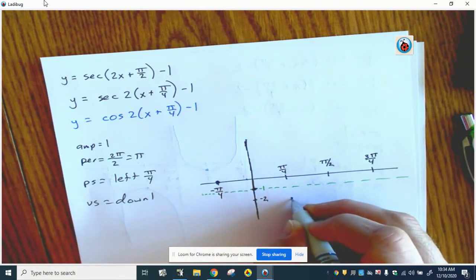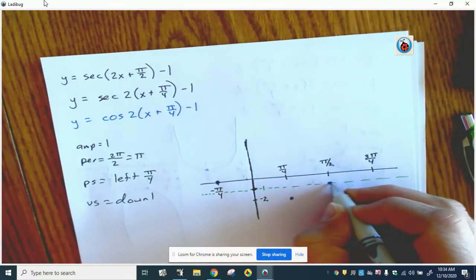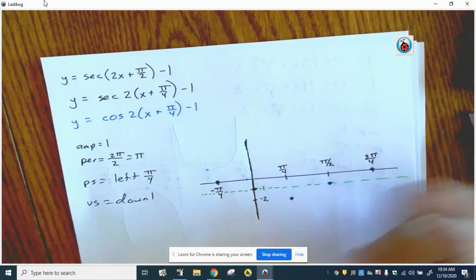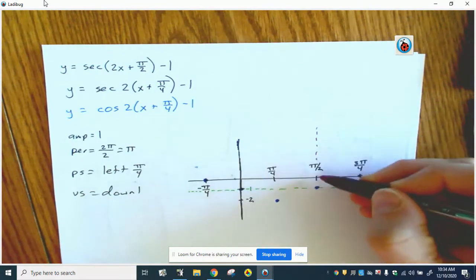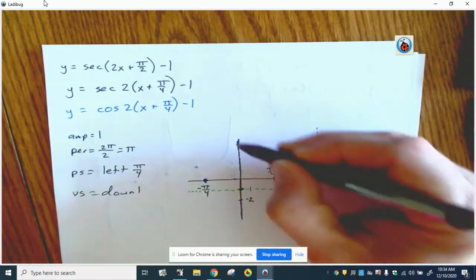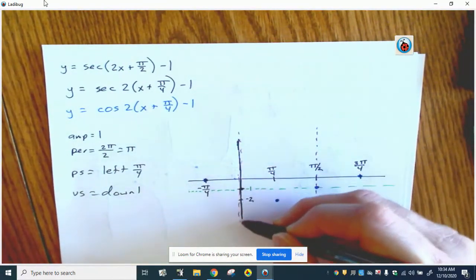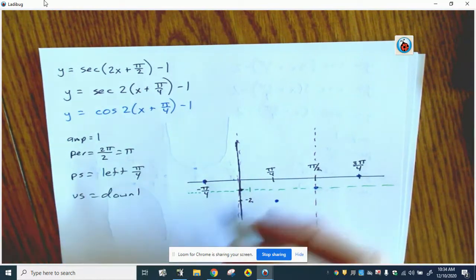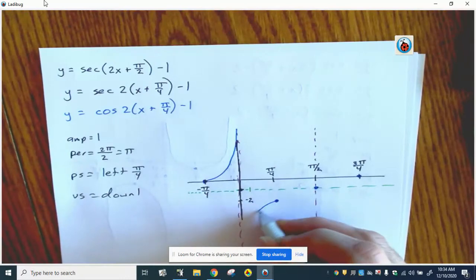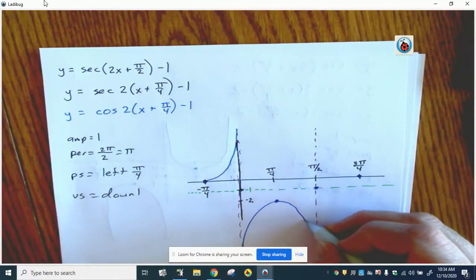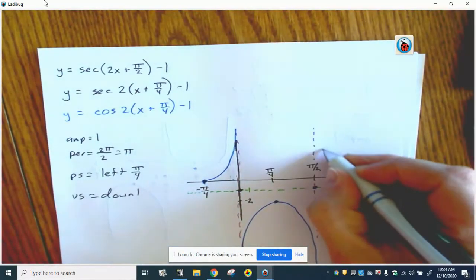Then the next point would be the bottom, back to the midline, back to the top. So I have asymptotes here at pi over 2 and 0. From here, it's got to go up. From here, it's got to go down. And then from here, up.